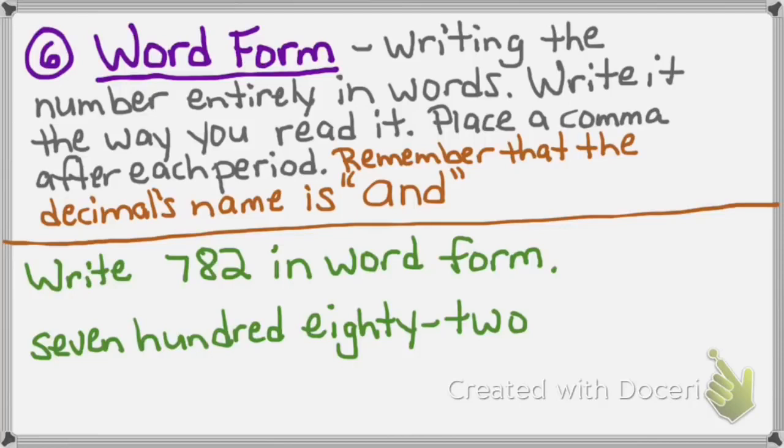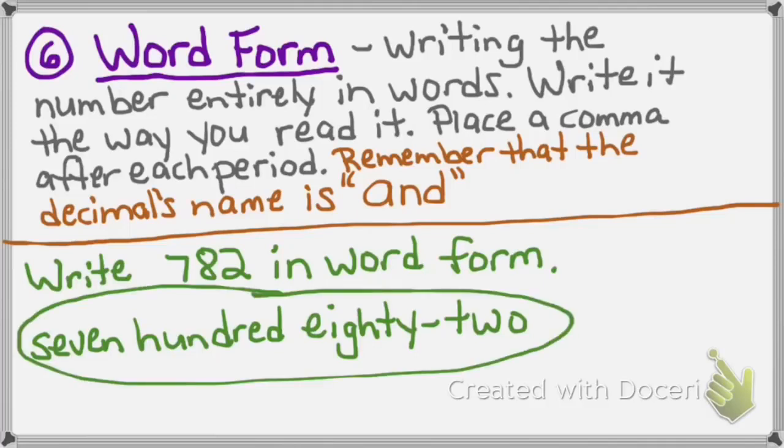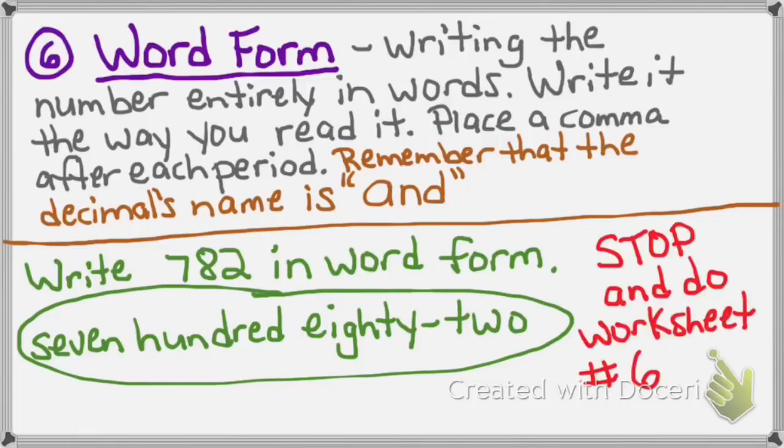Remember, any 2-digit number from 21 through 99 gets a dash between the 2 digits. So 782. And that is the word form for 782. Please stop and complete worksheet number 6 right now.